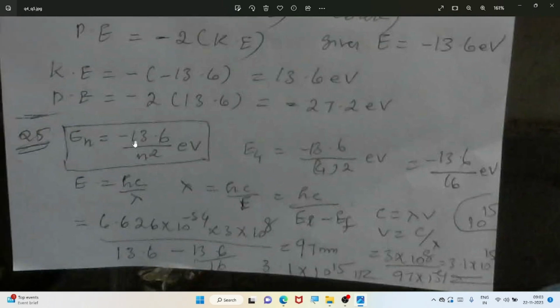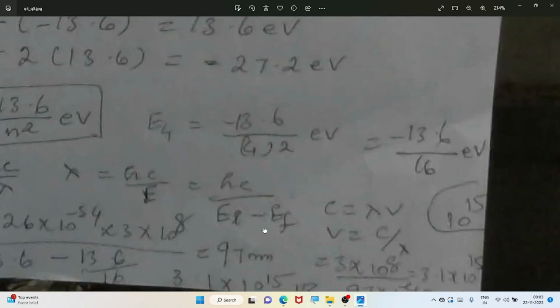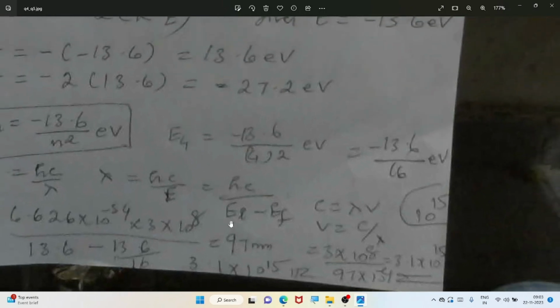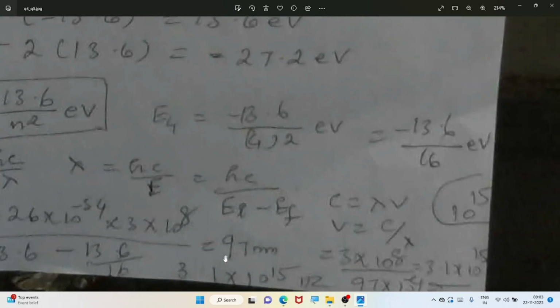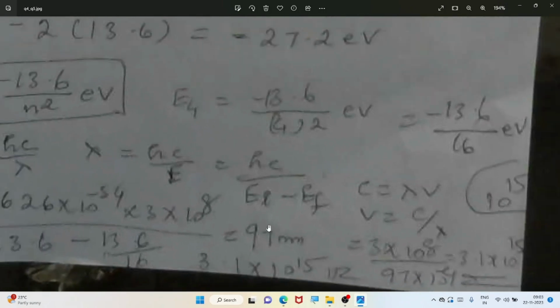So now using this, lambda, this is the difference in energy. This is in nanometer. Okay, then from the lambda you use this formula to find the frequency. 3.1 into 10 power 15 hertz.